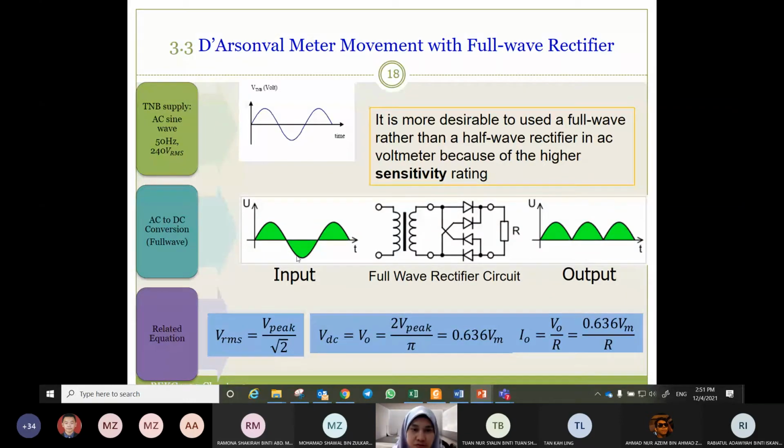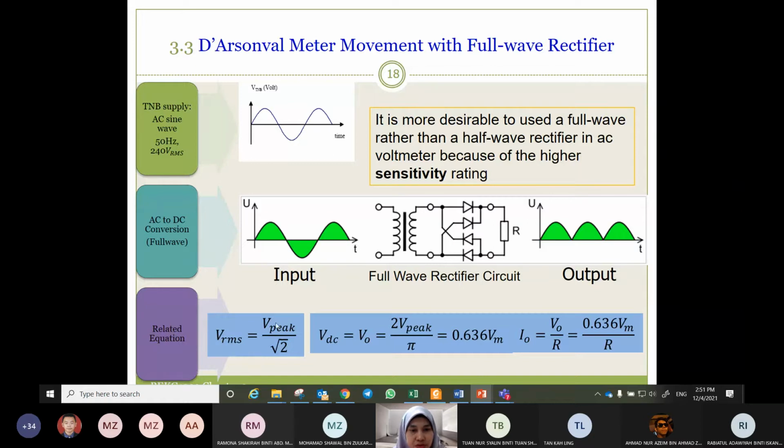During the negative half cycle, there is also signal. So this is the output of the full rectifier circuit.